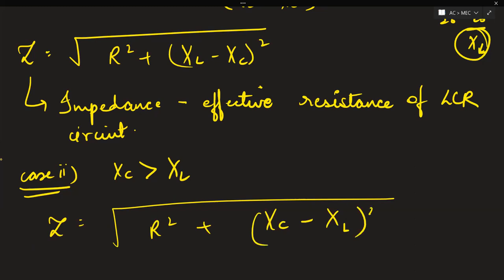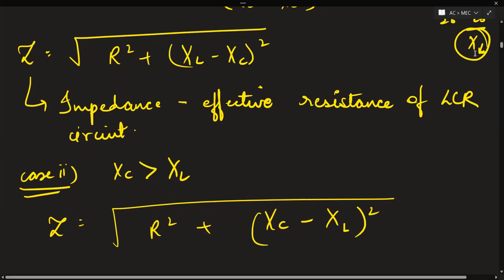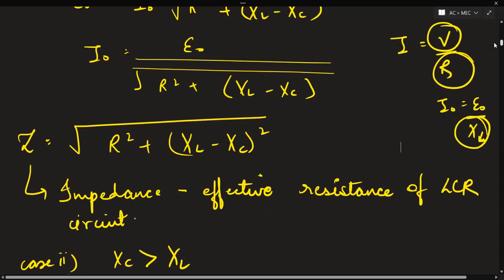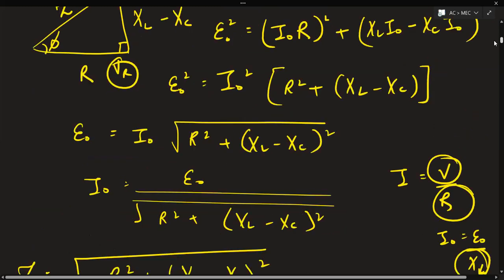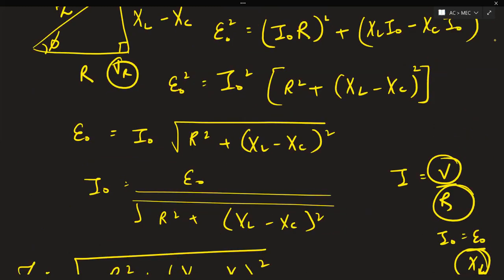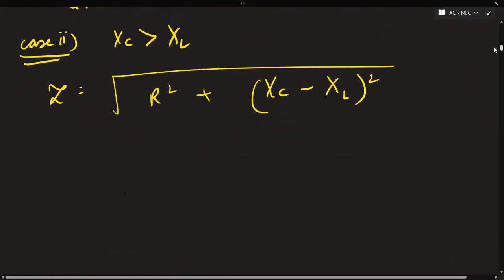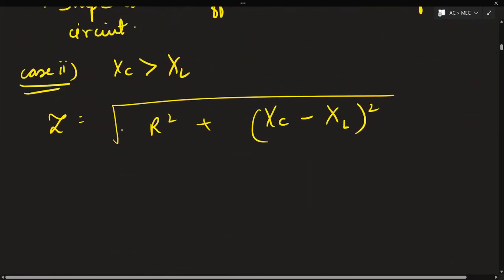If anywhere you're not able to understand between C and L, just ask me, because while writing fast, XC and XL can get interchanged. I have missed the square, a square will be here as well. So this will be the value of impedance. You just have to figure out which value is greater.